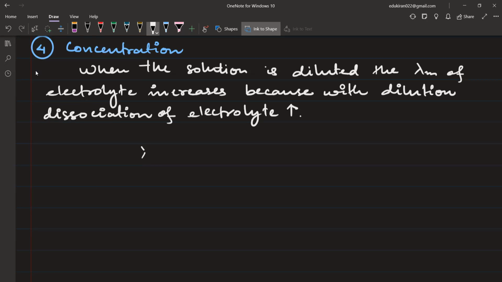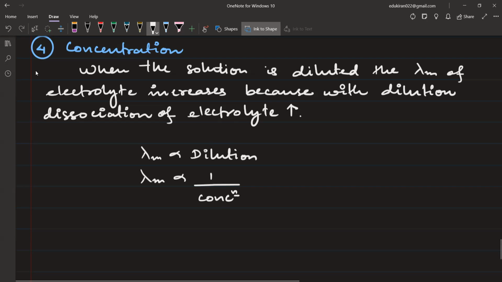That means lambda m is directly proportional to dilution. Lambda m is inversely proportional to concentration. Okay, this is a very important point.